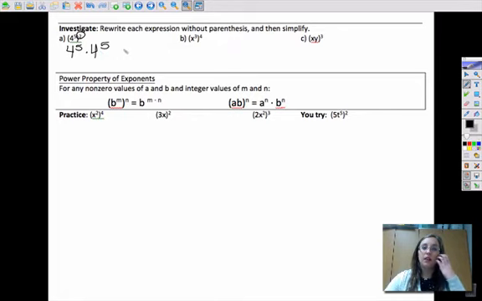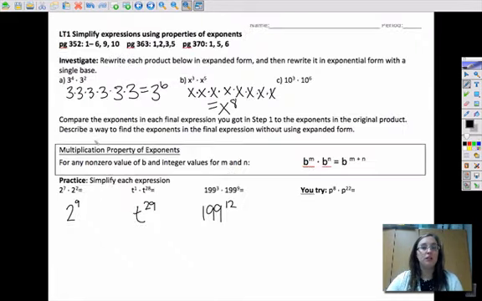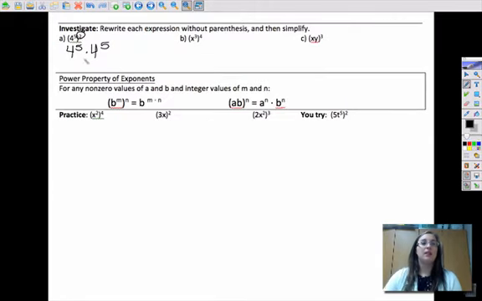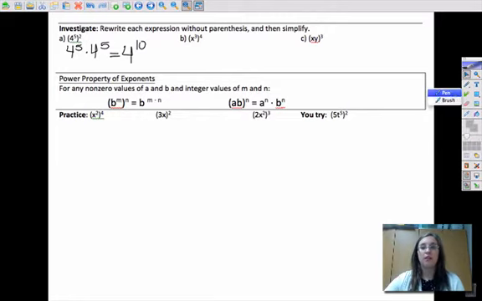This builds on our last property, the multiplication property of exponents: if I multiply two things with the same base, I can just add the exponents. So this really becomes 4 to the 10th. Taking 4 to the 5th to the second power is the same as having 4 to the 10th.